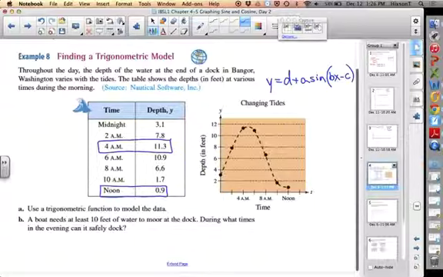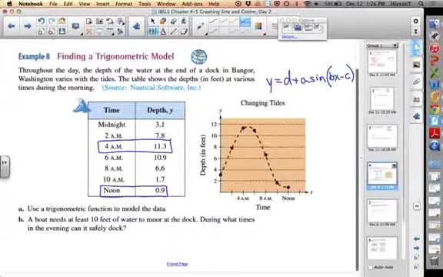No. What if at 4:30 or 4:40 it was a little bit deeper? We don't know. We would have to go out and measure continuously over 12 hours, or every 15 minutes to be more precise. But for our purposes, we can get a pretty decent model just based on this. So we're using the data we have and finding the max and the min.